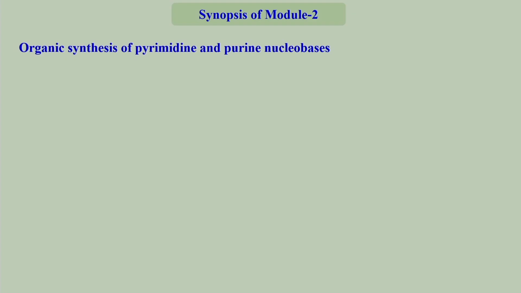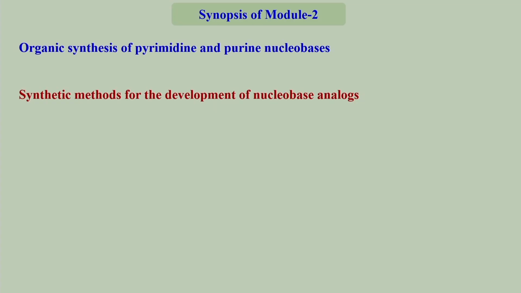And with this I will complete module 2. What we have learnt in this module is that I have shown the organic synthesis of pyrimidine and purine nucleobases.